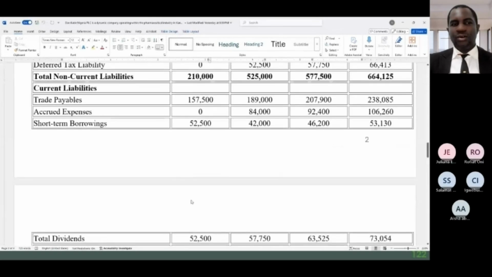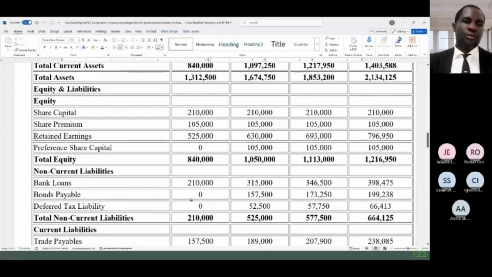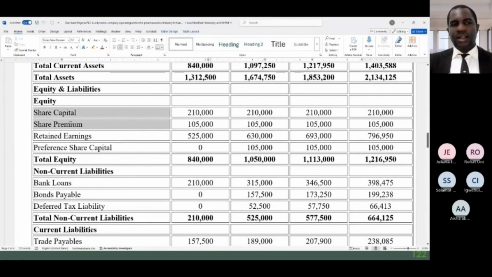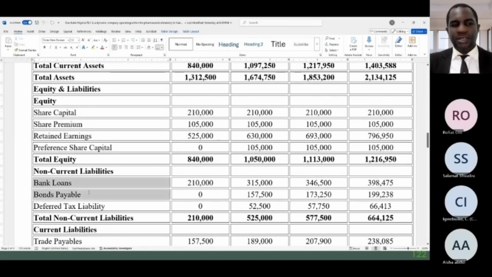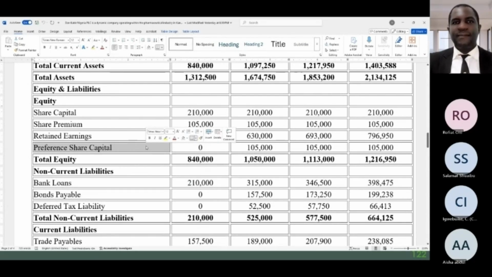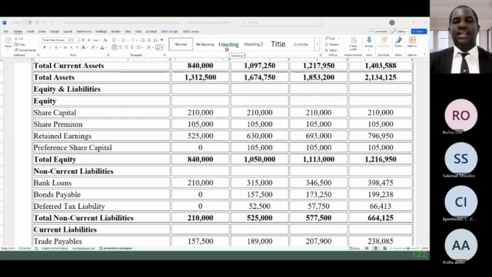They are neither long-term debt nor owners or providers of capital. The share capital, share premium or reserves, and retained earnings are for the ordinary shareholders, the owners of the business. But bank loans, bonds payable, and every form of long-term debt, debentures, are external providers of capital.